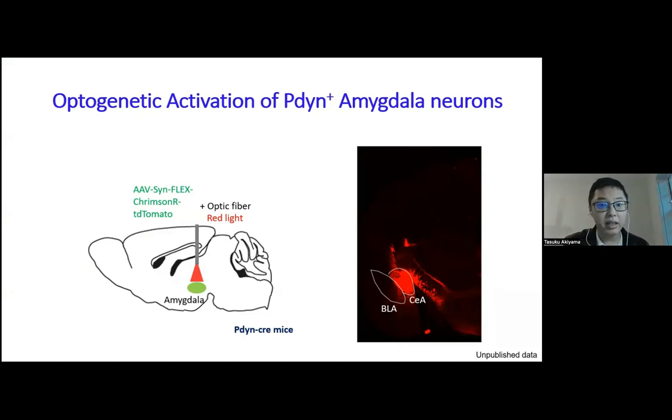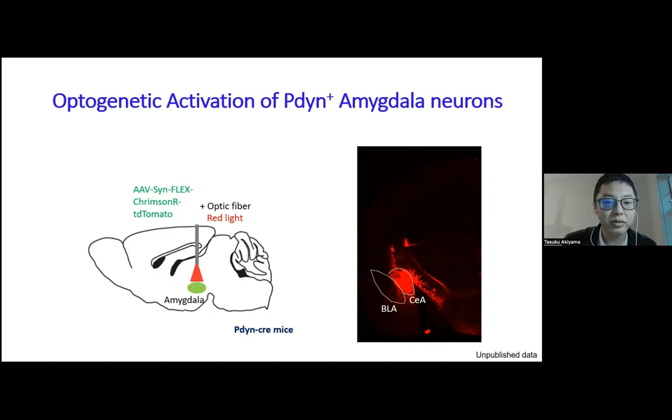And then we prepare the PDYN-Cre mice to target the PDYN positive neurons, and then we inject the AAV, which contains the Cre-dependent ChrimsonR-tdTomato. So ChrimsonR is the red light sensitive channel, and the tdTomato is red fluorescence.